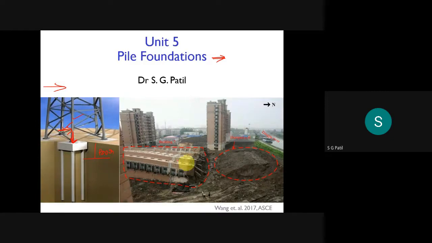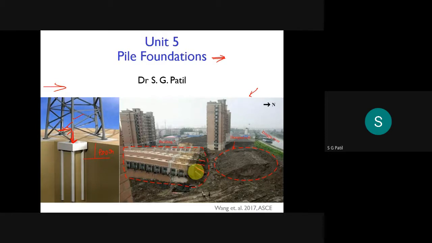Another case: this is a recent example, in 2009, I think, in China. They built a big residential building complex, and one of these structures has collapsed. This structure was founded on pile foundations. Can you see the small projections here?